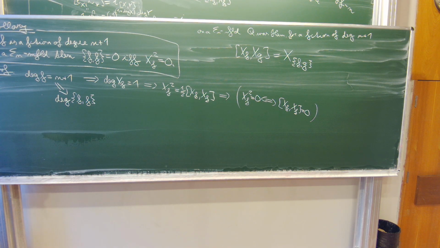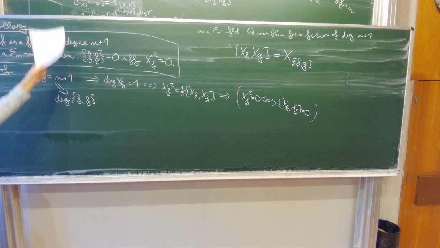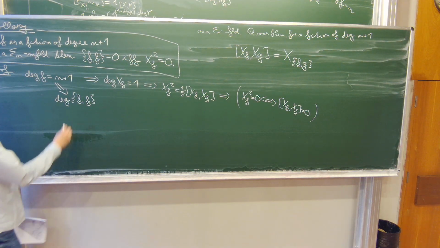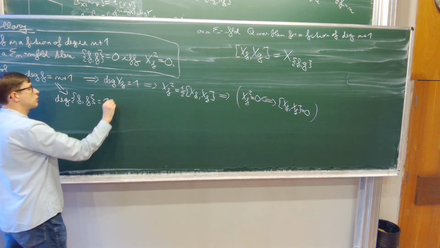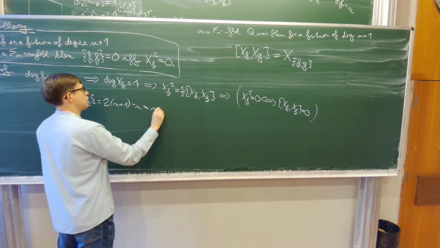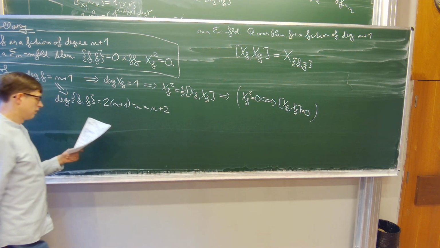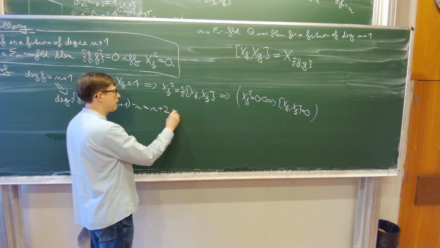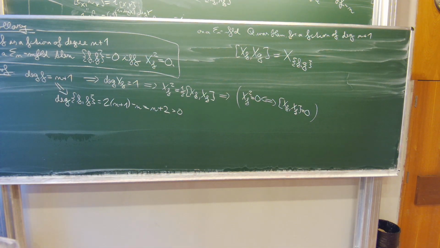So the Poisson bracket is always a dual object, an opposite thing. Or you can just look at the definition of the Poisson bracket. So this is 2 times n plus 1 minus n, which is n plus 2, which crucially is bigger than 0, because all our n's are non-negative integers.